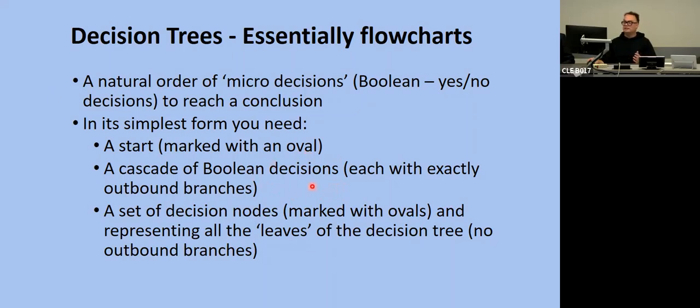So it has that cascade effect, and the start point is very important before you start cascading. A set of decision nodes represents all leaves of the decision tree. So if you don't have decision points on the leaves of your decision tree, you're not quite done yet.